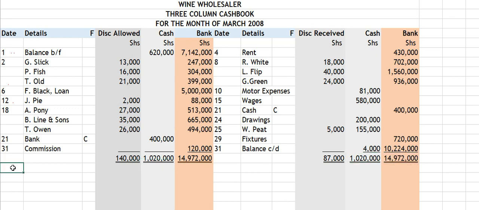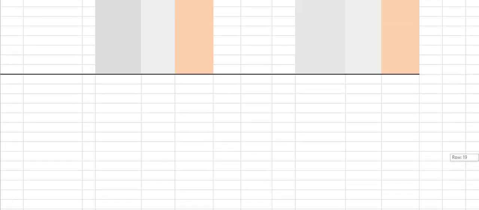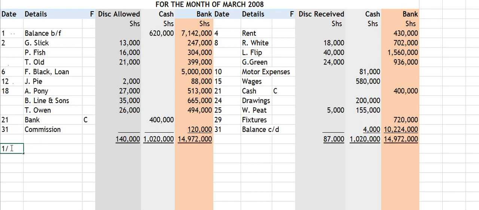So at the start of the next period, that will be first April, because this was March. So 1st April, balance brought forward.